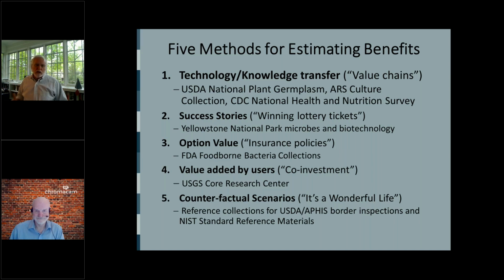So the first one, the formal name we selected was technology and knowledge transfer, but in the working group, we thought of those as value chains. And the examples in the report, we have 3: the USDA National Plant Germplasm and the ARS culture collections, both of which are renewable collections, and the CDC National Health and Nutrition Survey called NHANES.